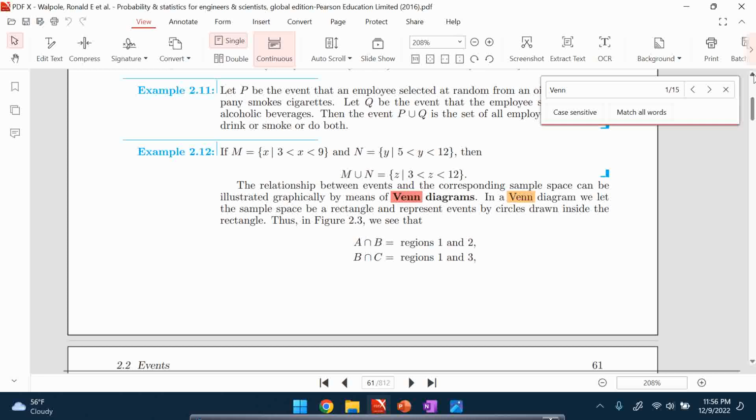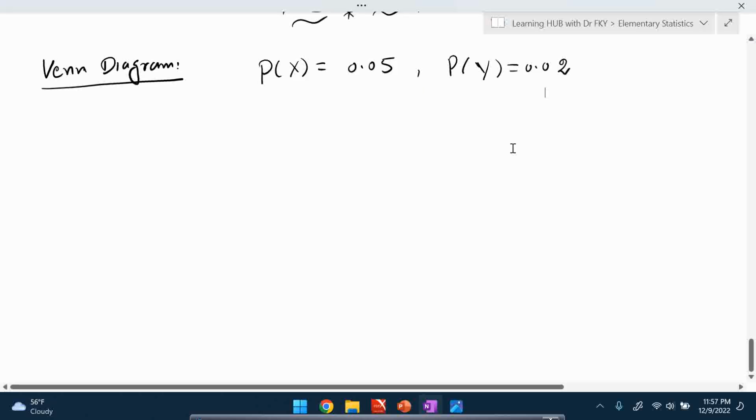So this is the same definition which I gave already. Let's move to the problem and see how. So these are the two events. Now I would like to draw a Venn diagram for this problem.